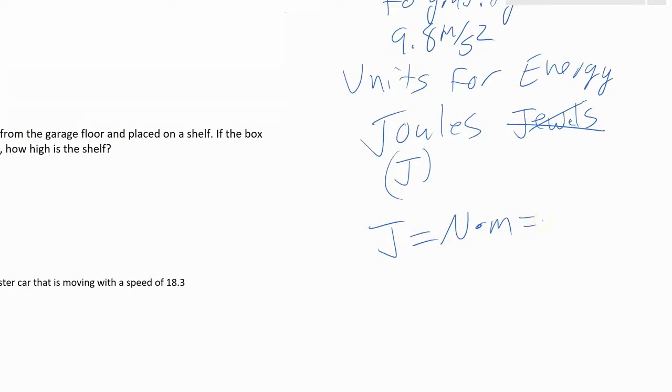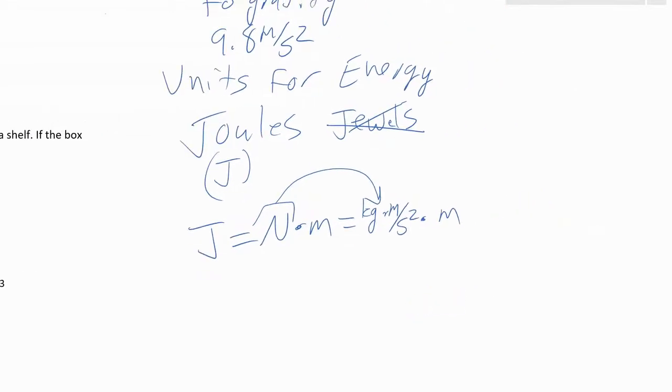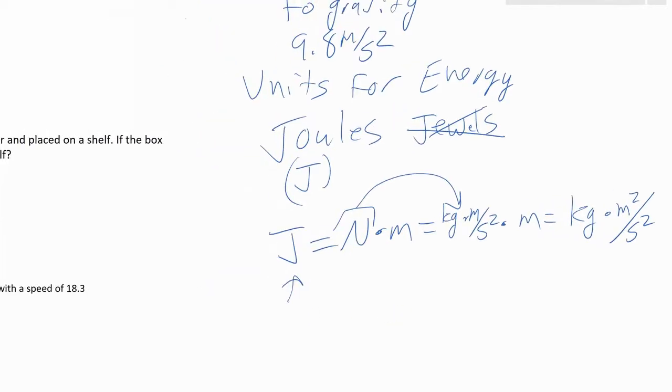And remember, a Newton is a kilogram times meter per second squared. So that's this, and then times meters again. Because we got meters times meters, you could also say kilogram times meter squared per second squared. Those are all different ways of saying joules, but obviously just saying joules or J is easier.